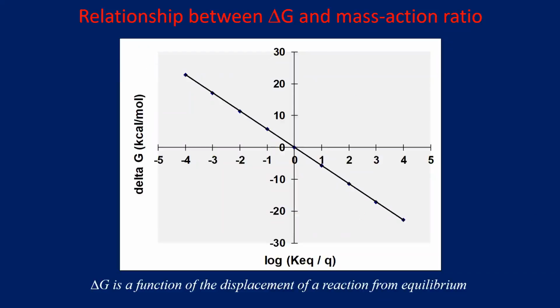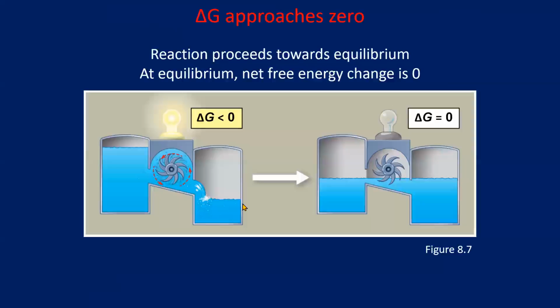Now, how do I understand the change in delta G in terms of cellular condition? When delta G approaches 0, think of this as an example: you have a hydroelectric power station generator, and water is being released from one tank to the other tank. At the starting point, you will notice that it generates some kind of electricity.